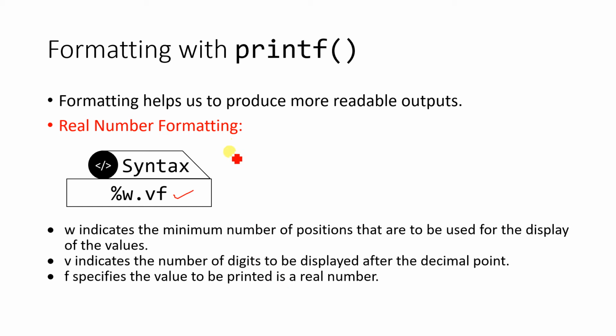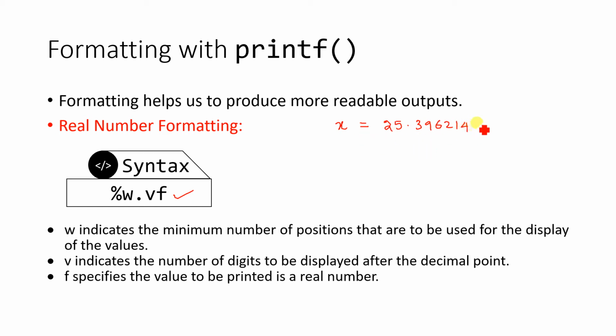For simple understanding, let us take an example and you will see why I am writing the statement like this, %w.vf. Let's say you have a float variable x, and x contains 25.396214.